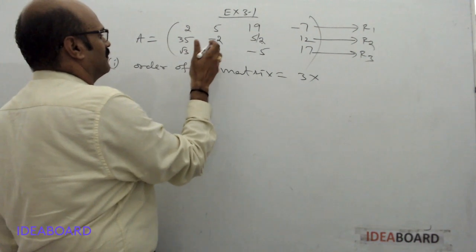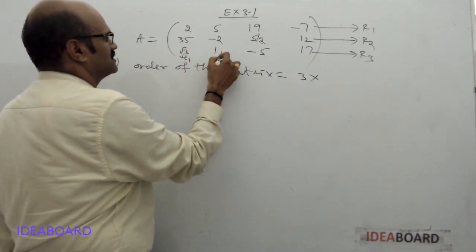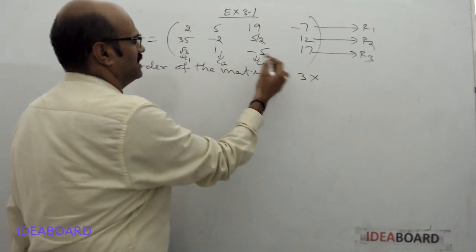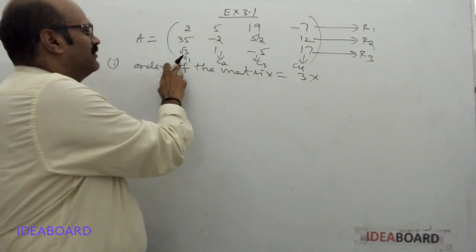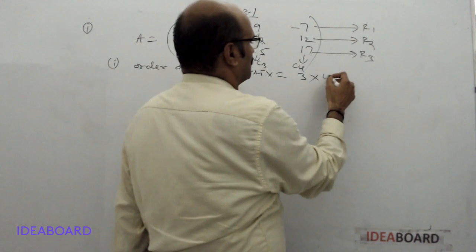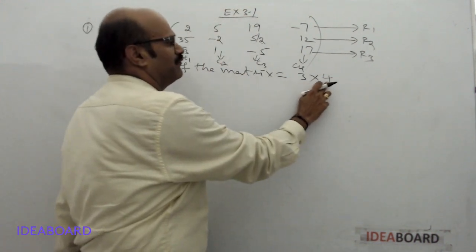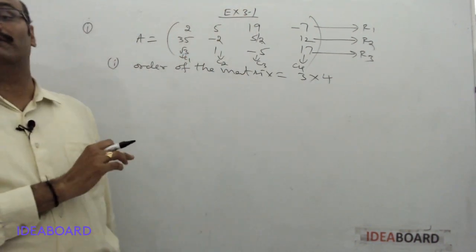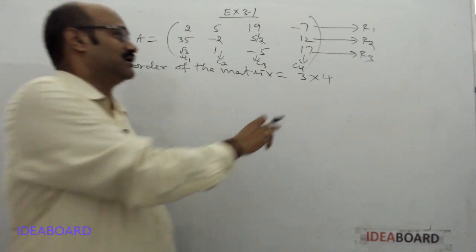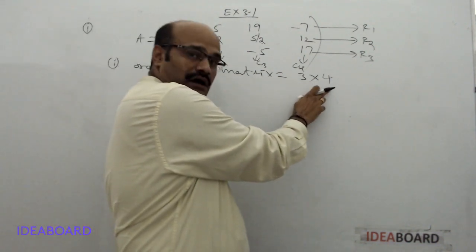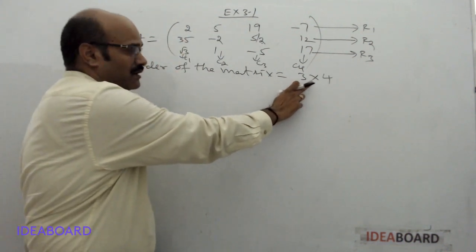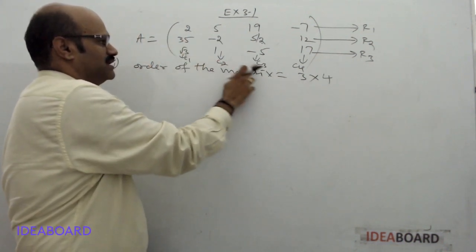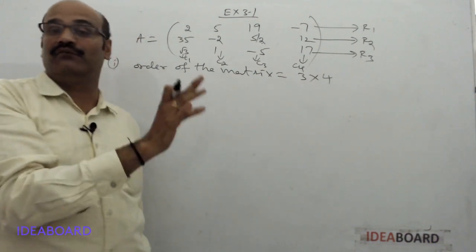Now total number of columns, C1, C2, C3, C4. We are having 4 columns, so the order is 3 by 4. The order of a matrix is defined as number of rows by number of columns. So 3 by 4.